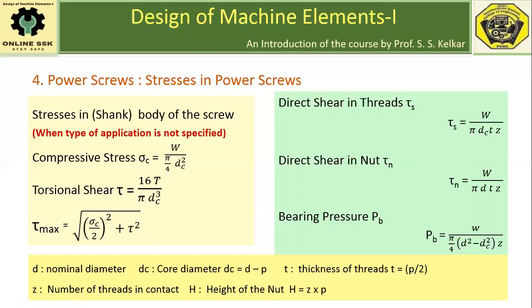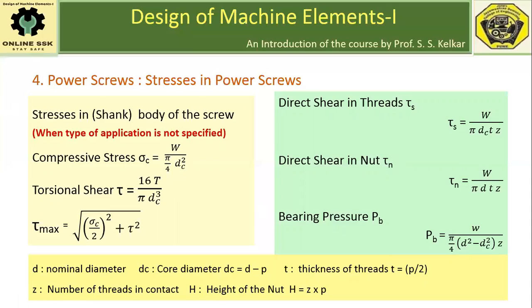So inside the shank or body of the screw, there will be compressive stress developed, sigma c, which will be given by W, the load, divided by pi by 4 dc square, where dc is the core diameter. dc, the core diameter, will be given by nominal diameter minus the pitch.